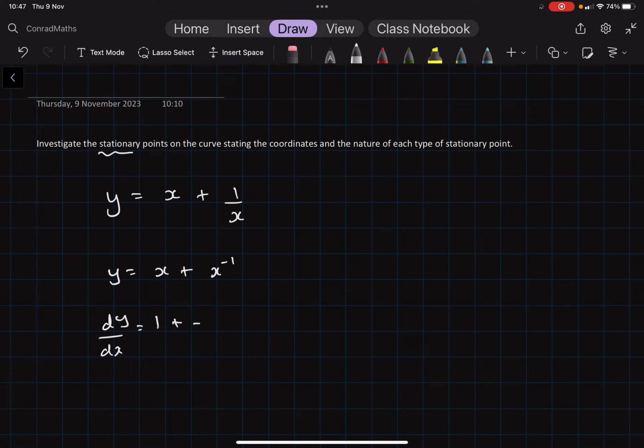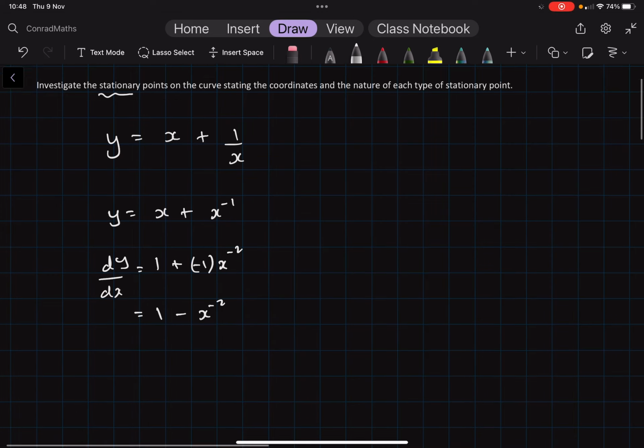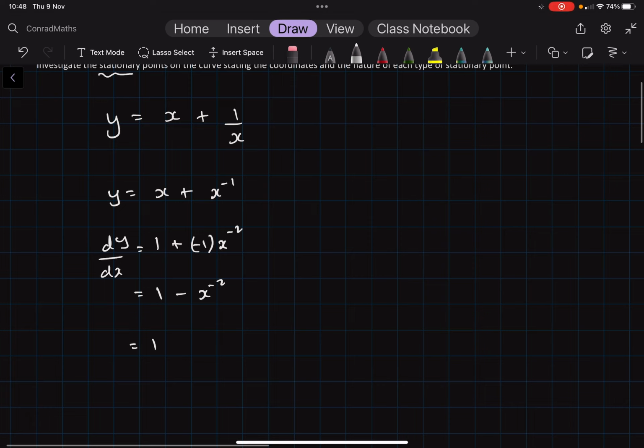So we bring the power, the negative 1, in front, and then we take away 1 from that power, which gives us 1 minus x to the negative 2. I'm actually going to write that like that because we're going to try and find some values.